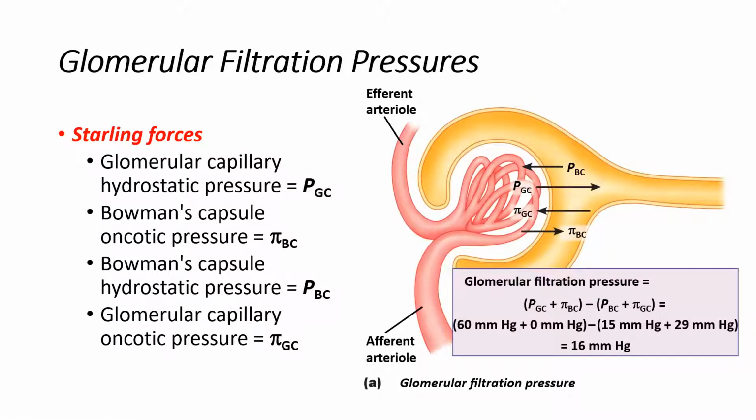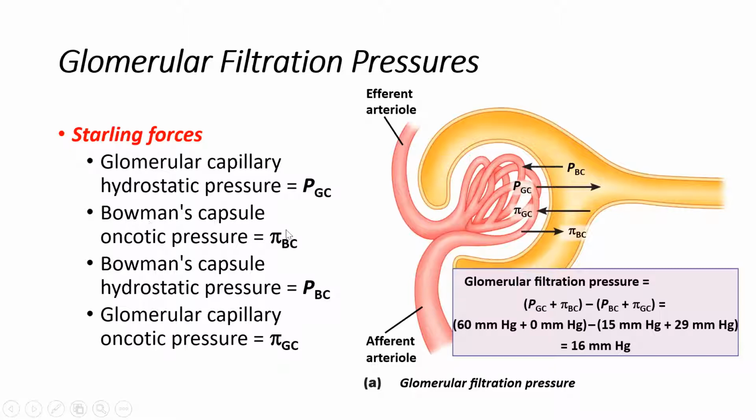And this is a push force, which is indicated by hydrostatic, which is happening from the capillary across into the Bowman's capsule. So the glomerular capillary hydrostatic force wants fluid to go from the glomerulus into the Bowman's capsule. This is a push force that is created by the fluid that's present in this capillary.